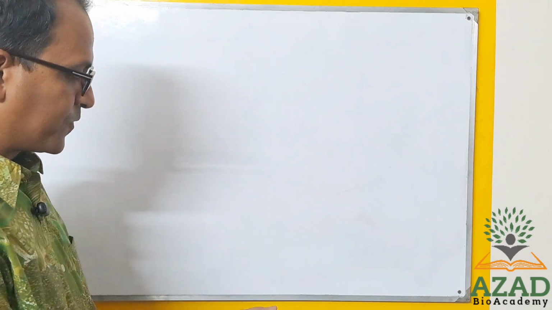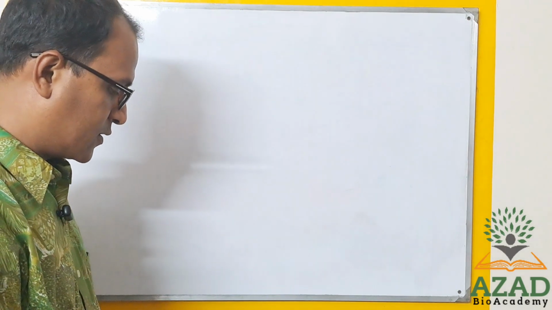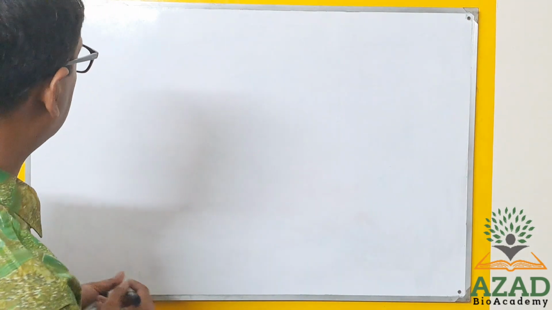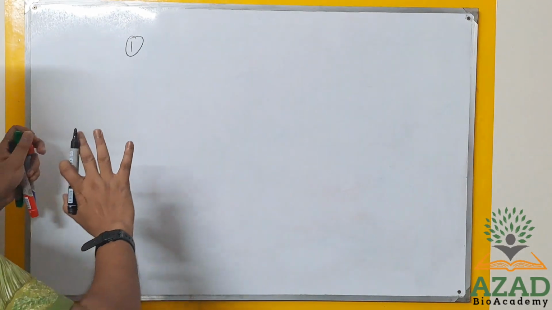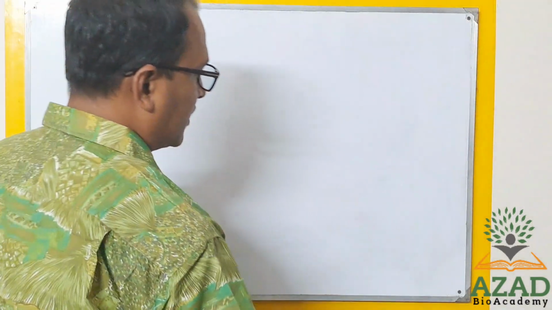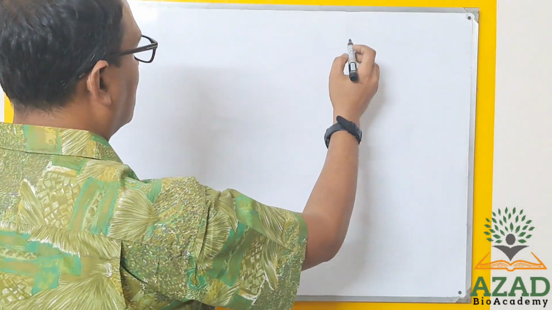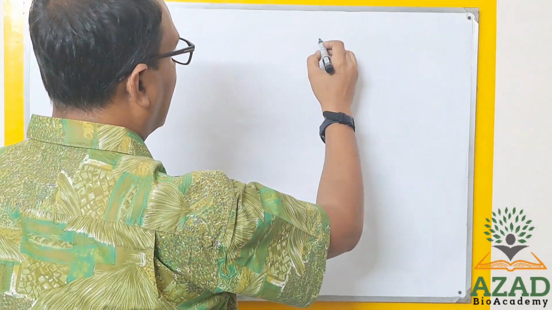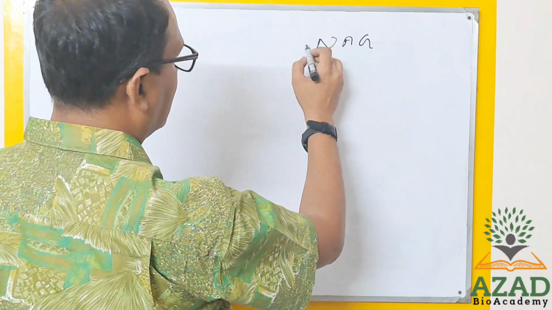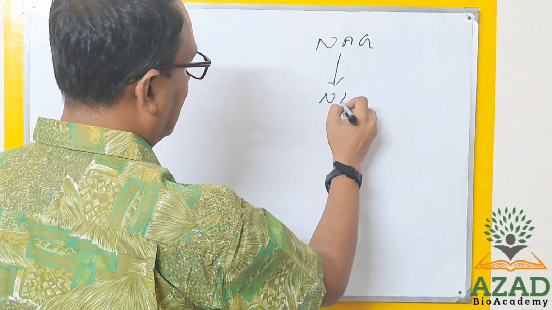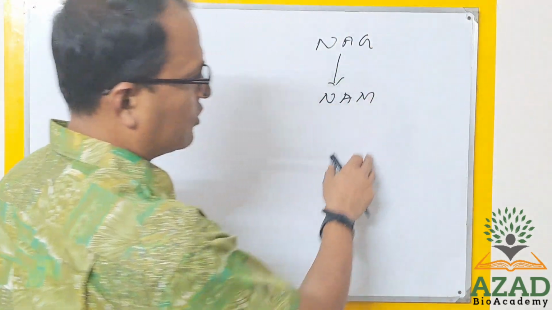Firstly, I will go for the cytoplasmic stage. In the cytoplasmic stage, one thing is the formation of NAG to NAM, that is N-acetylglucosamine to N-acetylmuramic acid.